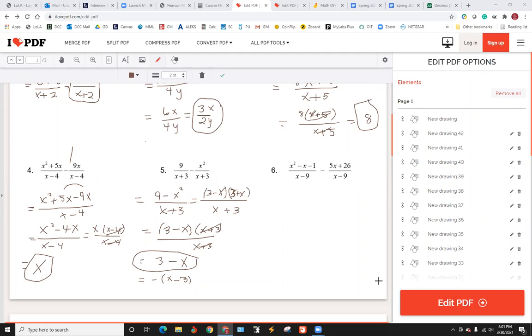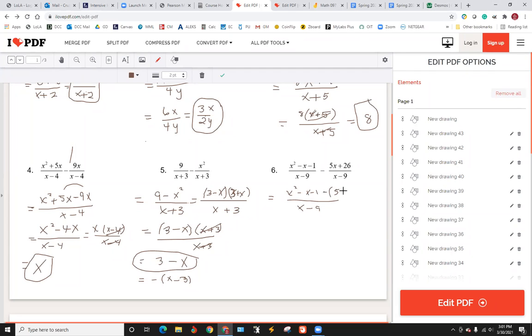All right, so same denominator, so we're just going to write it once. And then up here we've got the x squared minus the x minus 1. And then we've got minus, like I said, you're subtracting the whole thing.